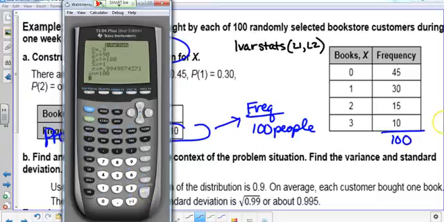All right, I got x bar, which means mean, is 0.9. Do you remember what this meant? Which, by the way, is what Greek letter is that, guys? Is it a lowercase sigma?